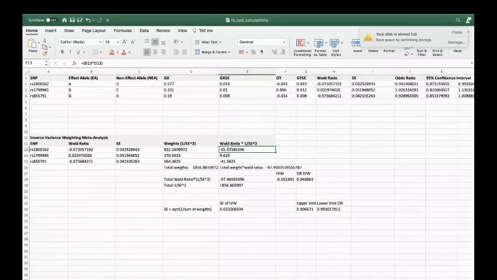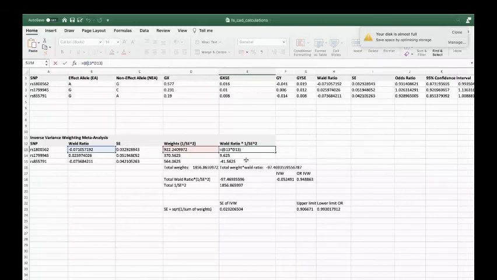So then we scale the Wald ratio according to its weight. Scaling just means multiplying, so the Wald ratio is multiplied by its weight, so this number multiplied by that number gives you that. And again, we calculate the weighted Wald ratio for all those variables.